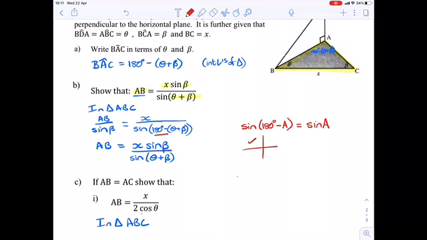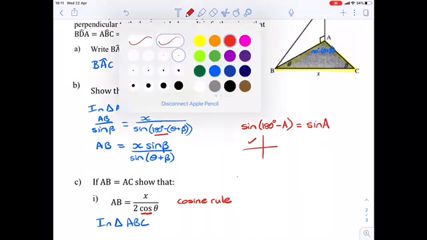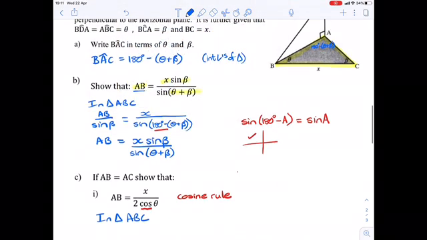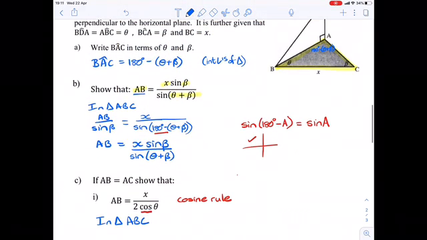Again, look at the question, and you notice the question has a cos in it. So which of our rules has cos in it? That would be our cosine rule. So using our cosine rule, I'm going to go to that diagram.